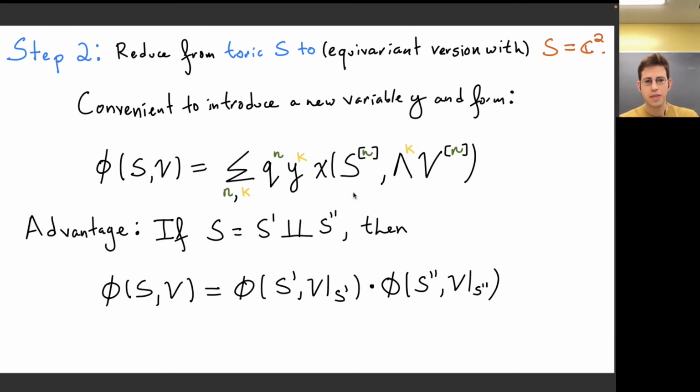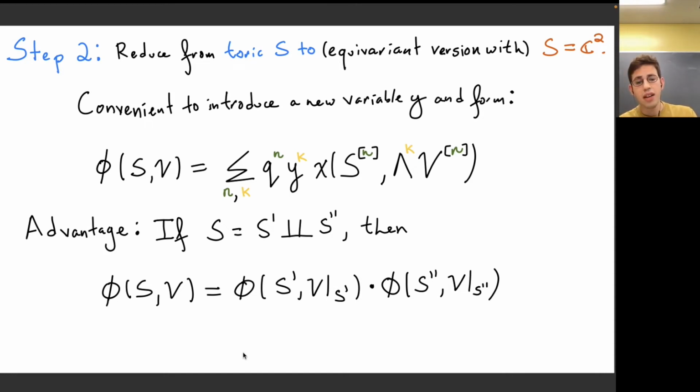In other words, if I have some surface that splits as a union of two different surfaces, then this genus evaluated over the surface is the product of these genera evaluated over each individual component. So I can recover the genus over the surface from knowing its behavior over each of these components.